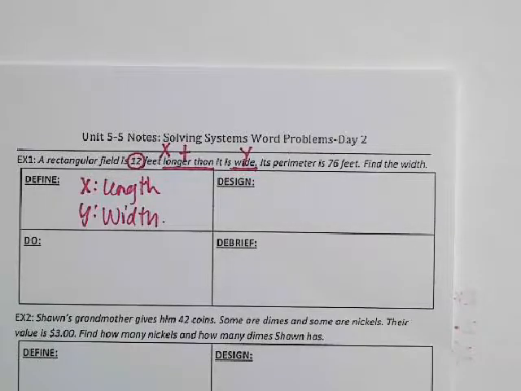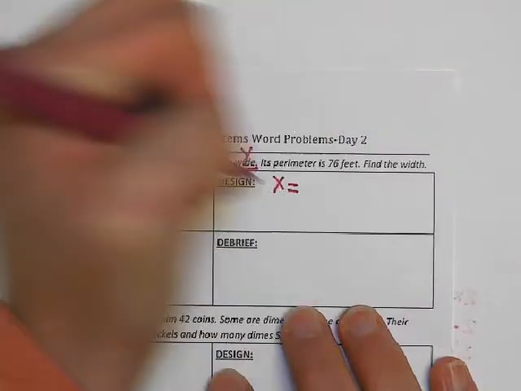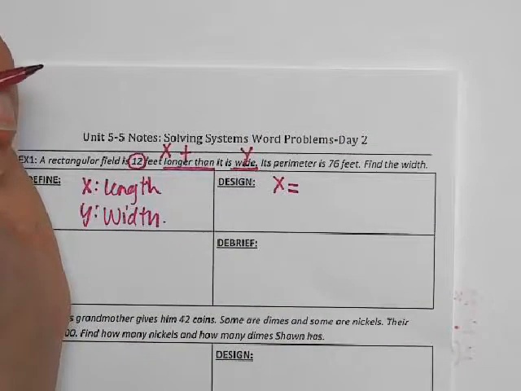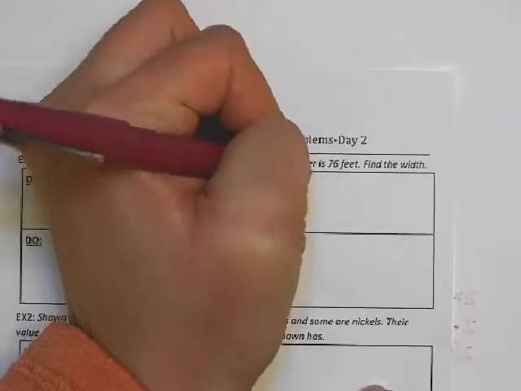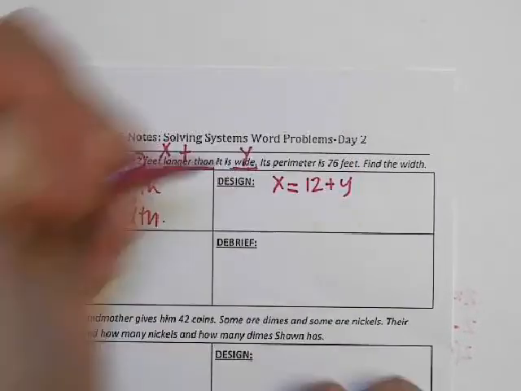Your length is always typically longer than your width. So how can I write an equation? Does it give me a total here? No. So I start with x, the first variable. X equals 12 plus y, whatever I haven't used yet.